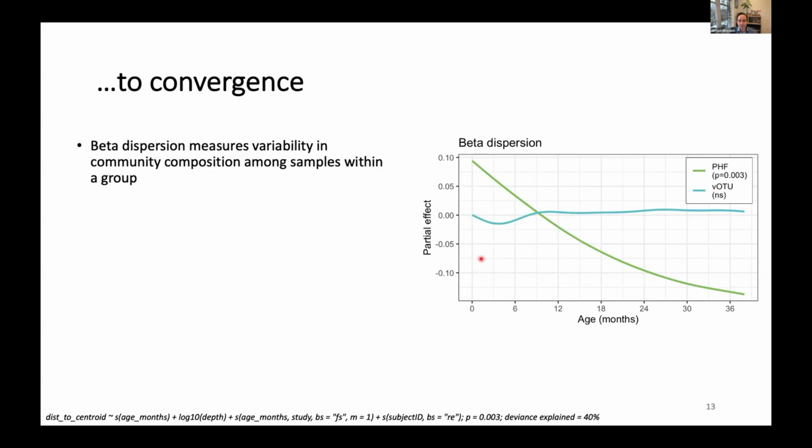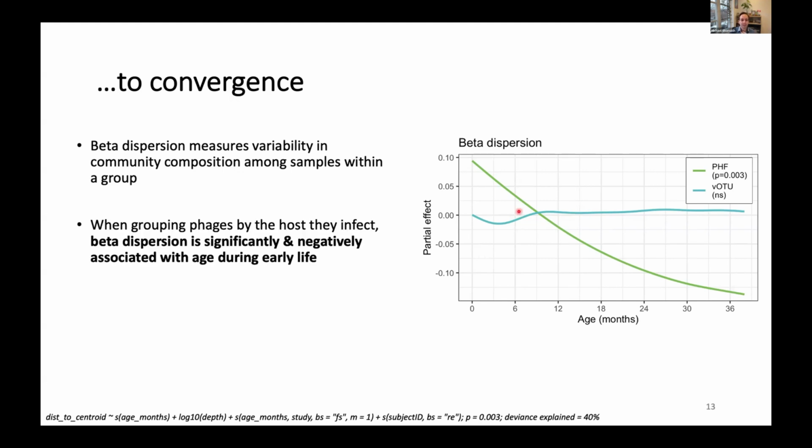And this is exactly what we saw, where if we look at the green line, looking at how the virome composition looks when we look at the hosts of these phages, so who these phages infect, we see a significant and negative association of beta dispersion with age.